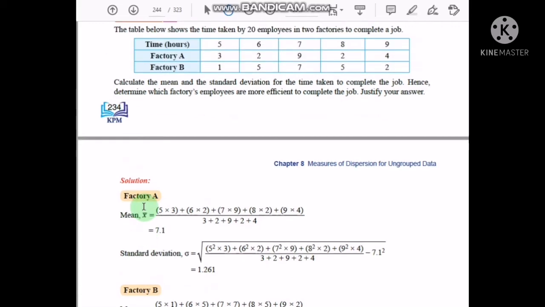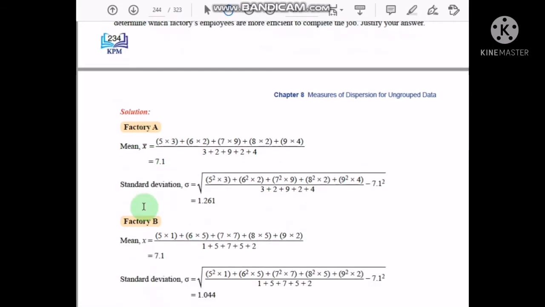Remember our first lesson in this video: if the standard deviation is small, then the data is dispersed close to the mean, and if the standard deviation is large, the data is dispersed far from the mean.